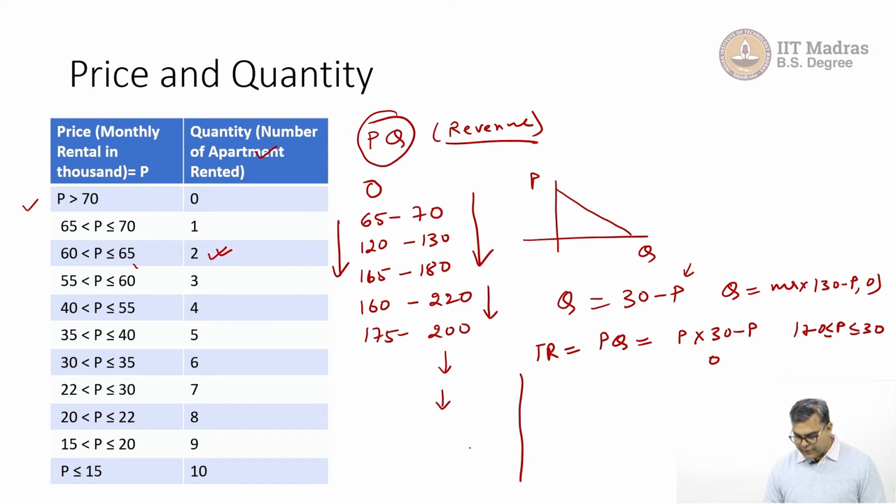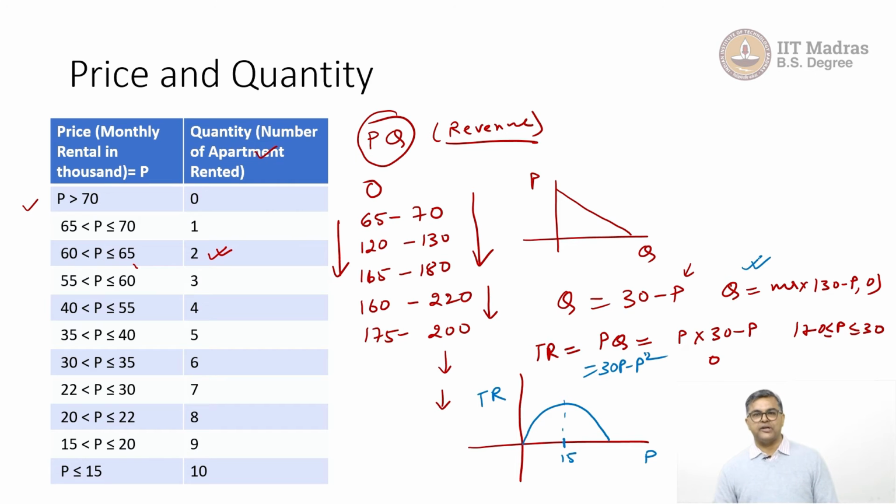So, if we draw the graph, it is going to look something like this, because it is a quadratic equation. You get here 30P minus P squared, you can draw it, here you have total revenue, here you have P. So, the maximum you are going to get is when P is equal to 15 in this particular case.